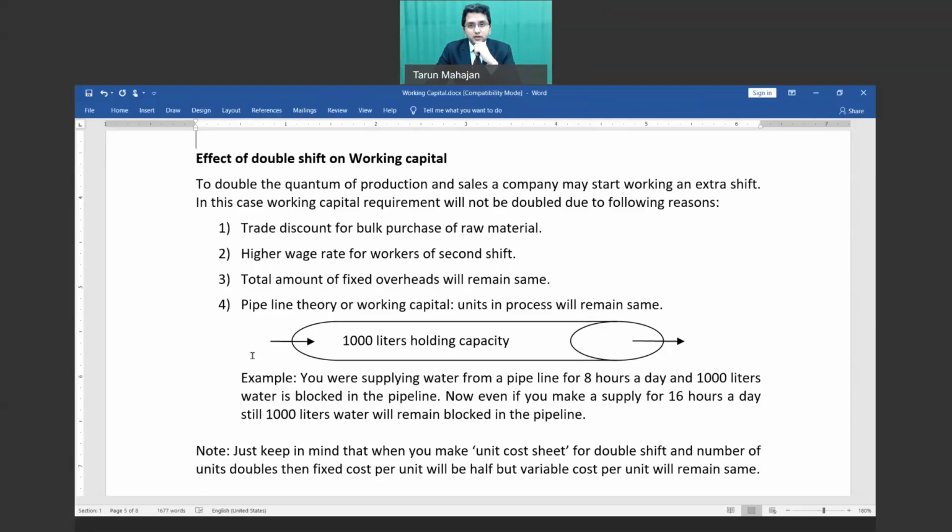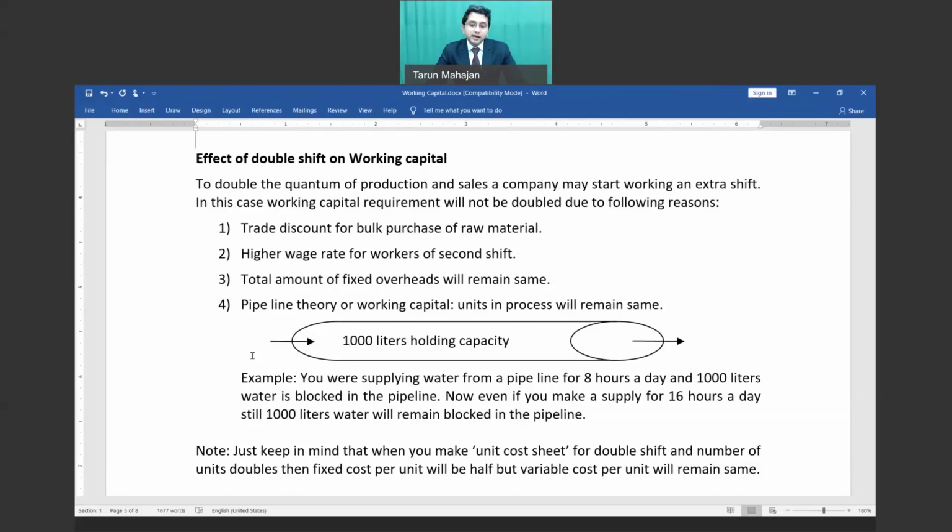To make more production, either I can start a new factory or I can start one more shift in this factory. If I introduce one more shift in the factory, then what will be the effect? Now I am working 2 shifts, so the number of units I produce is doubled, and sales is also doubled.